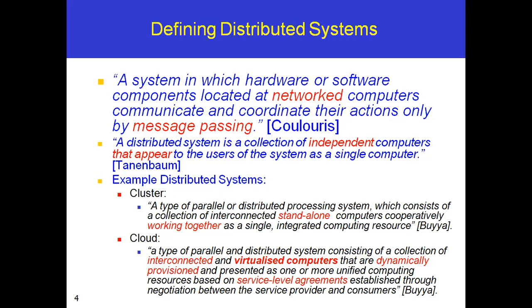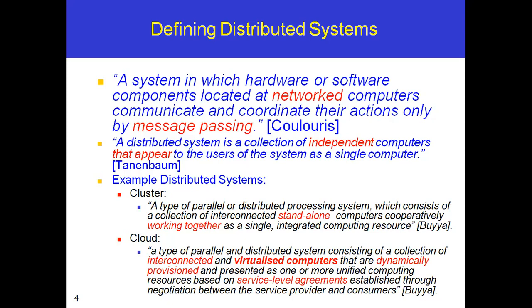See here how the cloud is related to distributed systems. A type of parallel and distributed system consisting of a collection of interconnected and virtualized computers that are dynamically provisioned and presented as one or more unified computing resources based on service level agreements.